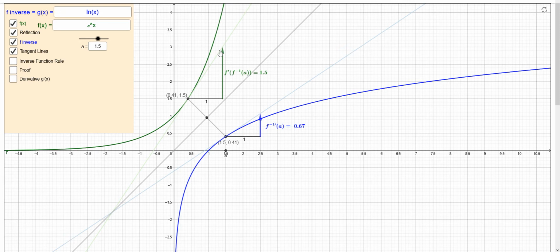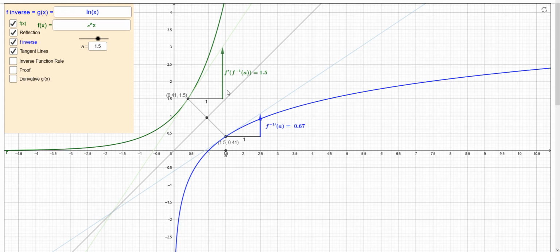So the derivative of this blue logarithm function at this particular point for a is the length of this vertical vector here, or a positive 0.6 repeating, 2/3. And then the derivative over here on this one is the length of this vector here, which is 1.5, or 3/2. This is 3/2, this is 2/3.